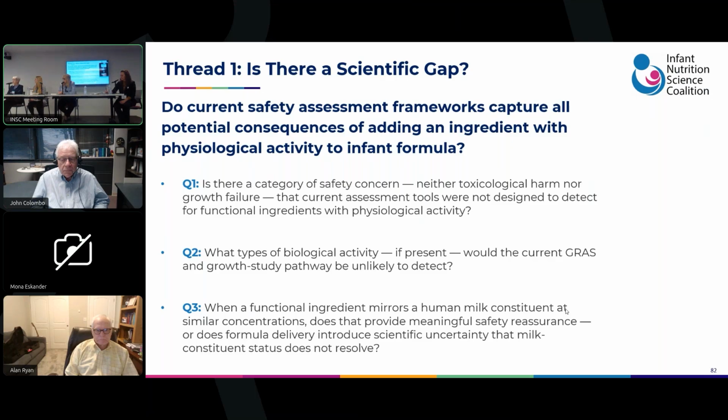If we have concerns like a hormone function, we would take extra caution because we expect some long-term effects. Is everything covered by tox data or growth data? Perhaps not. We had this example of arachidonic acid and DHA, which is not covered by classical growth data. It's only on longer term. That means long-term effects are not fully addressed, and perhaps they should be.